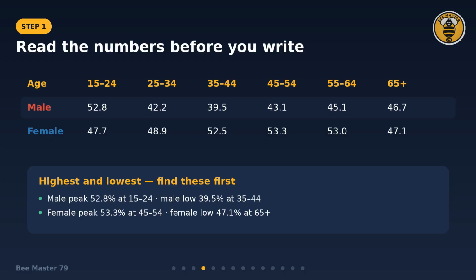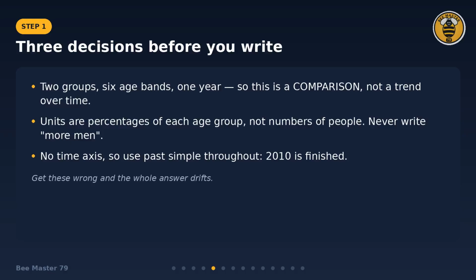For men, 52.8, 42.2, 39.5, 43.1, 45.1, and 46.7. For women, 47.7, 48.9, 52.5, 53.3, 53.0, and 47.1.